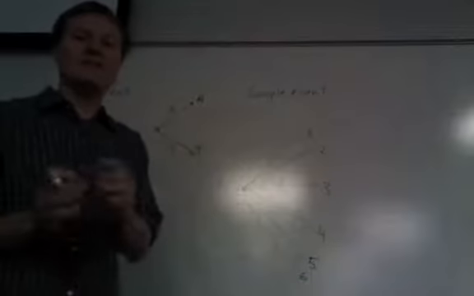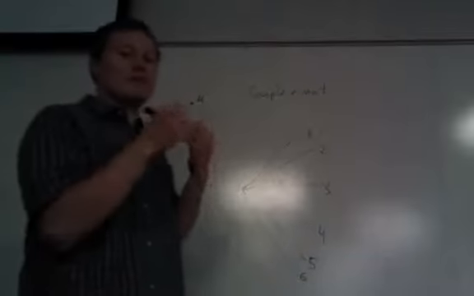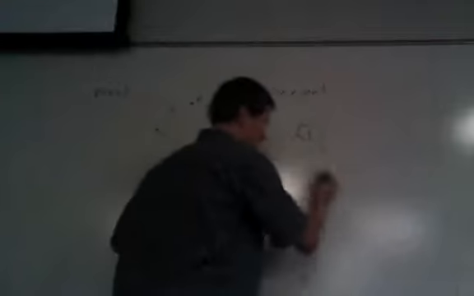That's a simple event. An event can be different. With an event, we can say we're only interested in getting odd versus even outcomes. So we can define event 1 as getting 1, 3, or 5. Getting an odd number. That's an event.